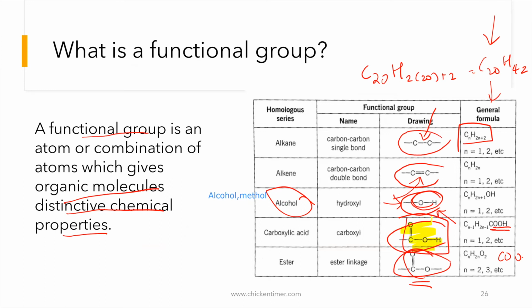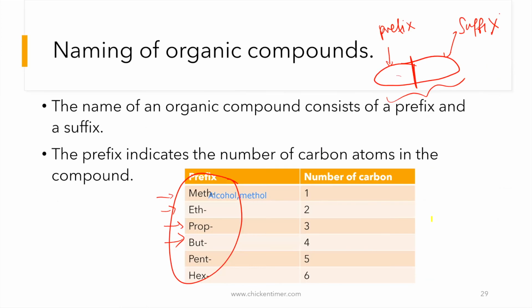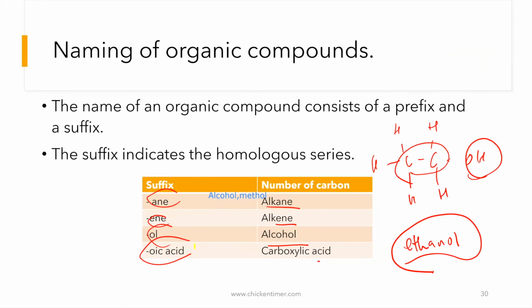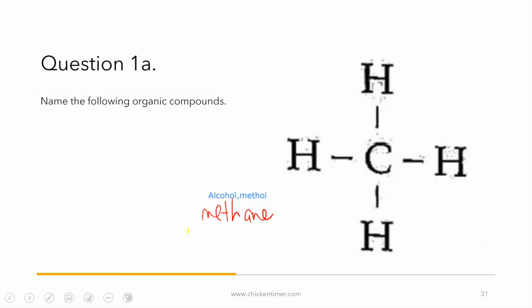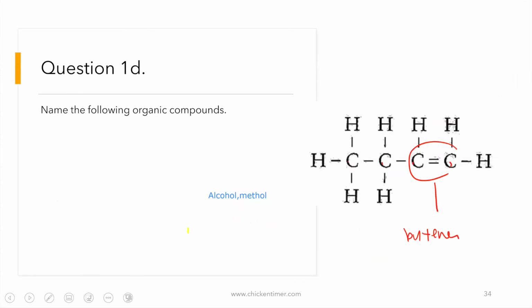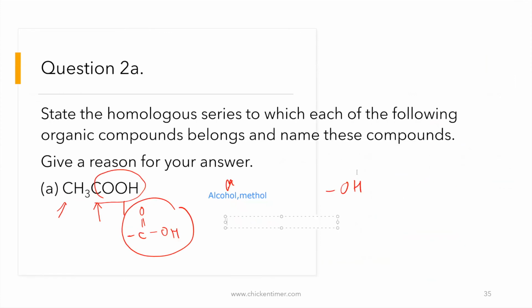So carboxylic acid, then where's my prefix and suffix? Here. So 2 carbon, so it starts with ETH. Okay, acid, so ethanoic acid. So it's a carboxylic acid. So that is the homologous series.